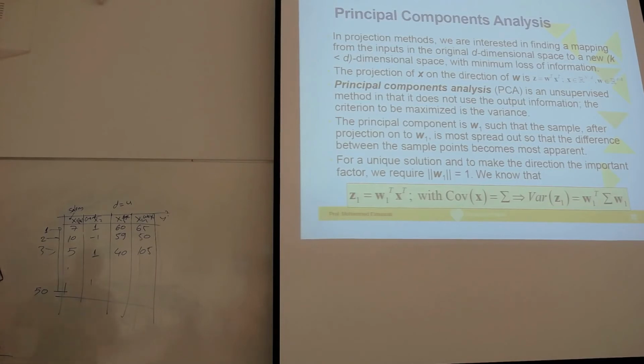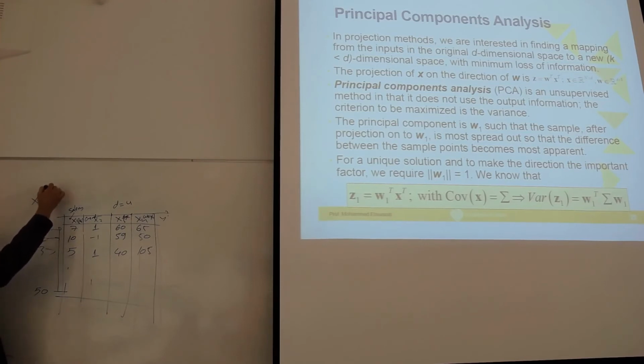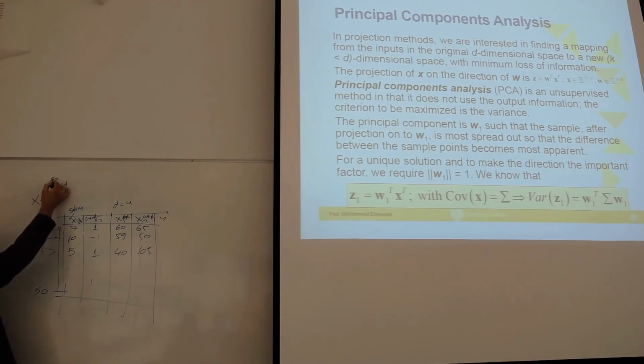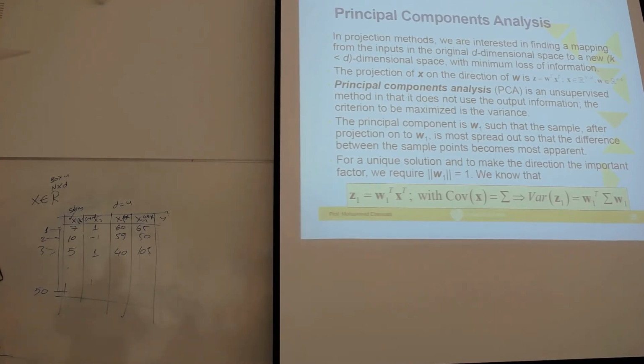Now the X belongs to real numbers, and the dimension is n, the number of rows, times D. So in this case, we have 50 times 4. This is the dimension of our data. So we have 50 rows, rows meaning the inputs, and then we have 4 features.